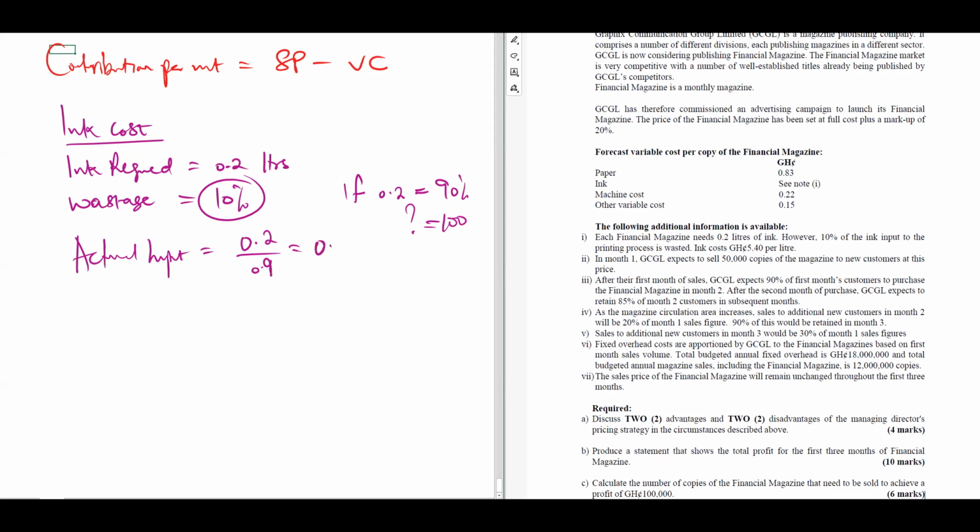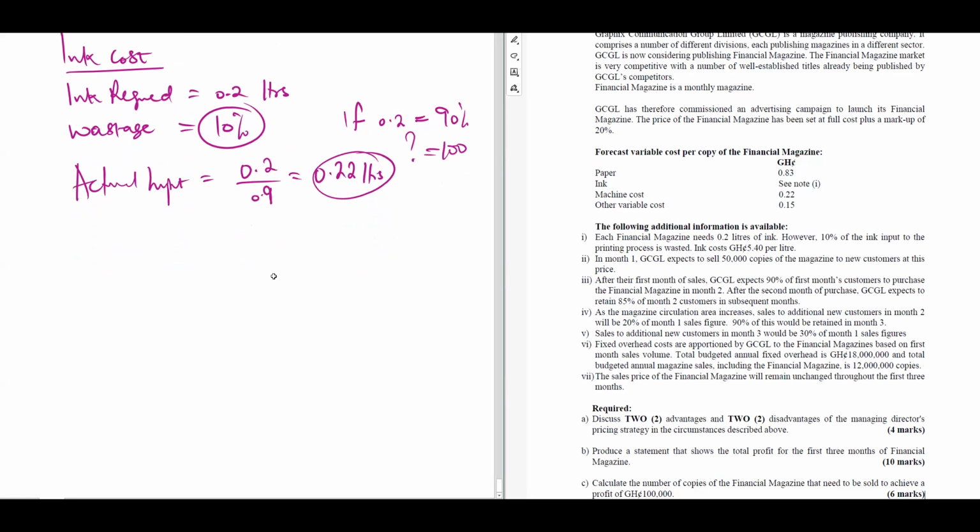That means we put 0.22 liters in, then we lose 0.02 out, right? And they are telling us that the ink costs 5.4 per liter. And it is the cost that we need, because you cannot consider the effect of the wastage. You just need the cost. Do you get what I'm trying to say?